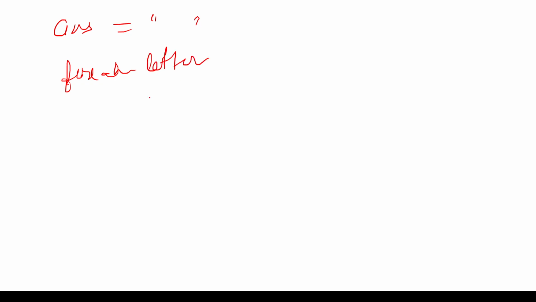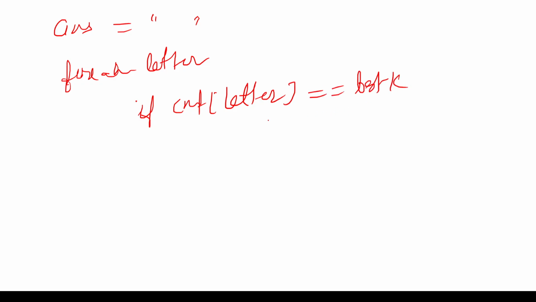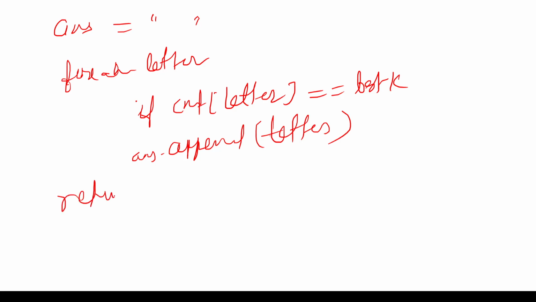For each letter, if the count at the letter is equal to best k, you just need to append the letter into the answer, using answer dot append, and you will return the answer after the two strings.